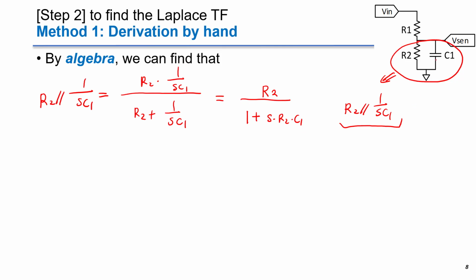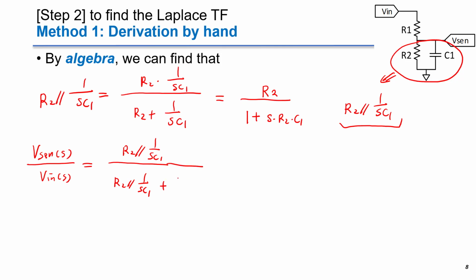So now Vsen, that's the output, as a function of the S variable over Vin equals R2 in parallel with 1 over SC1, this part. This is simply another voltage divider. So R2 in parallel with 1 over SC1, over the total impedance, because this part is in series with R1.